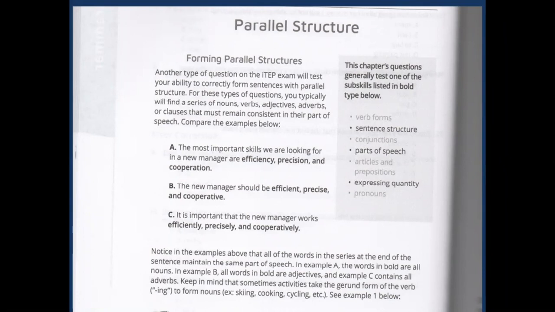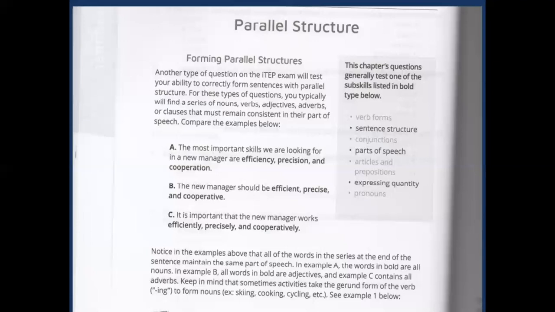Compare the examples below. Letter A: the most important skills we are looking for in a new manager are efficiency, precision, and cooperation. Letter B: the new manager should be efficient, precise, and cooperative. And letter C: it is important that the new manager works efficiently, precisely, and cooperatively.